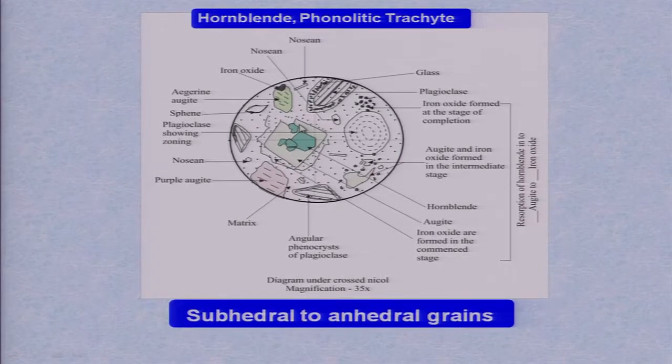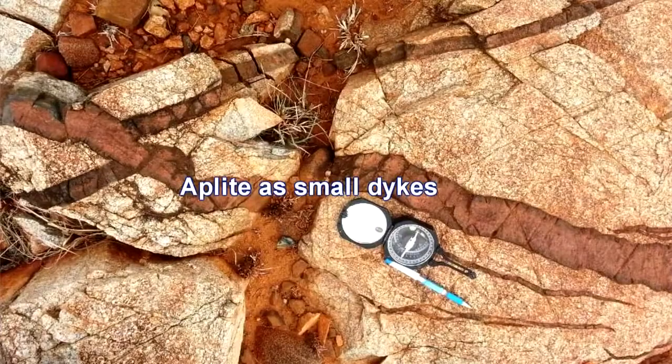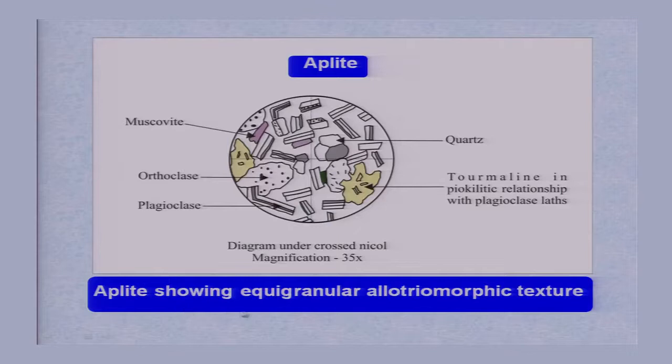I have repeated allotriomorphic texture several times, and here I am citing an example of aplite. Aplite is a hypabyssal rock. It is mostly found in the form of dikes. In this aplite, I am trying to show you equigranular texture, equigranular allotriomorphic texture.